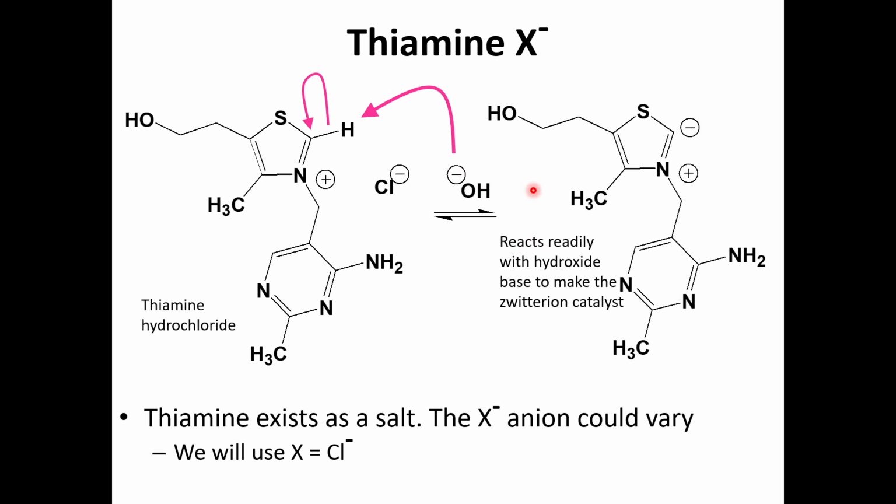Under basic conditions, this vitamin B1 is going to undergo deprotonation, and we get this carbanion, which is also a base. This whole molecule acts as a base, replacing the cyanide that you need for the benzoin condensation.